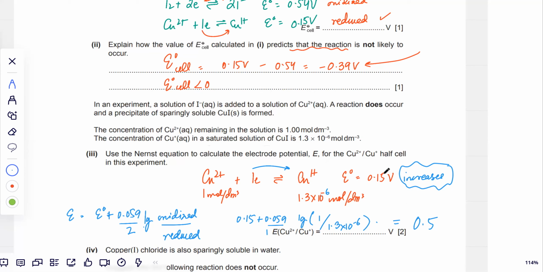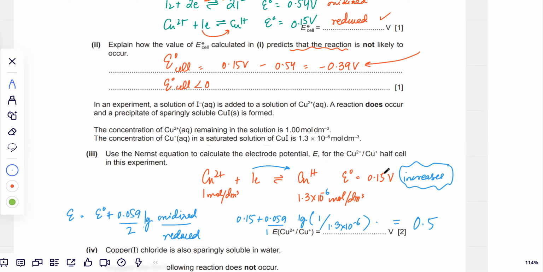It's the same Cu2+/Cu+, and the E naught under standard conditions is 0.15 volts, and the other one is your Cl-/Cl2 electrode, and the E naught for that is 1.36 volts. So this reaction is kind of the same as the first one. Instead of I2, you have Cl2.